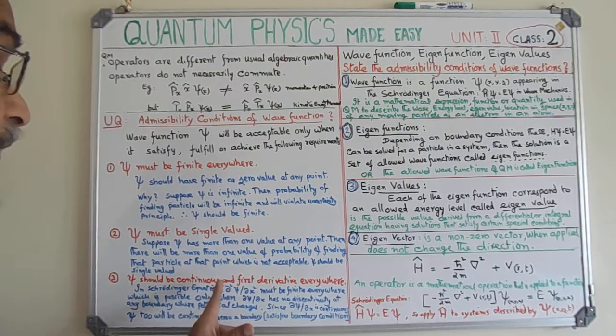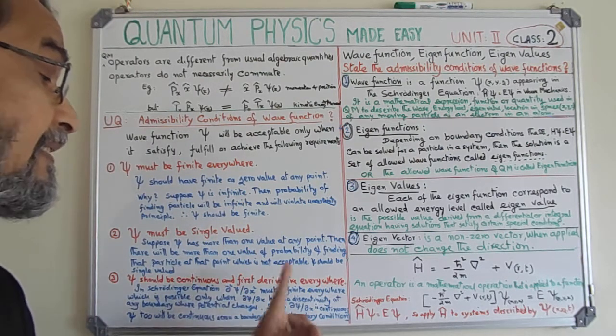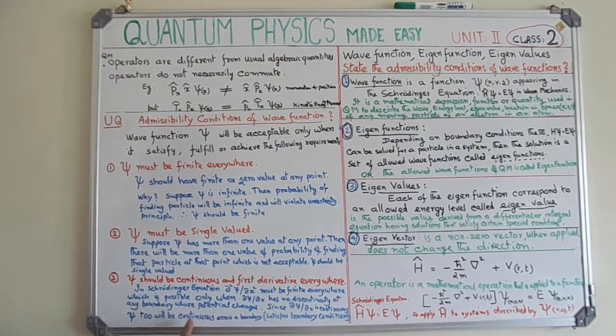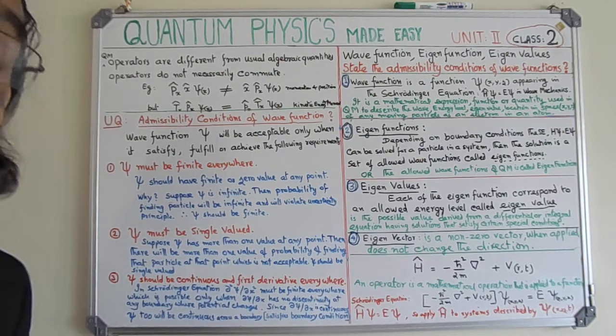second derivative will be finite only when the first derivative dpsi by dx has no discontinuity at any boundary where the potential changes. This is possible only when the first derivative dou psi by dou x is continuous, or it is not having a discontinuity at any boundary where the potential changes.